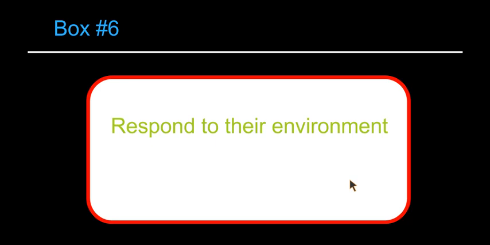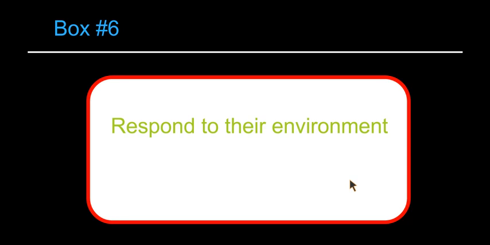In box number 6, please write respond to their environment. Now, what do I mean by respond to their environment? I mean, for humans, if someone claps really loudly in front of your face, you're going to blink and probably back your face up. That's an instinct. That's us responding to a change in our environment.